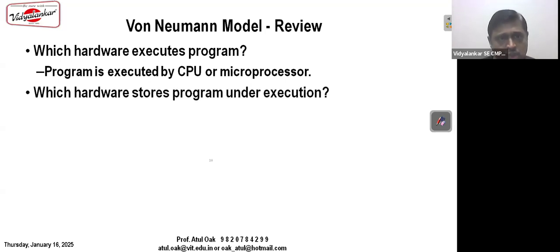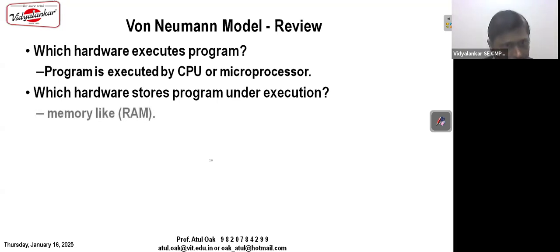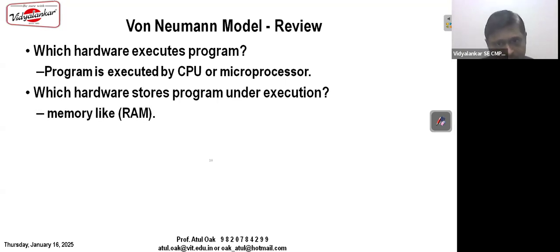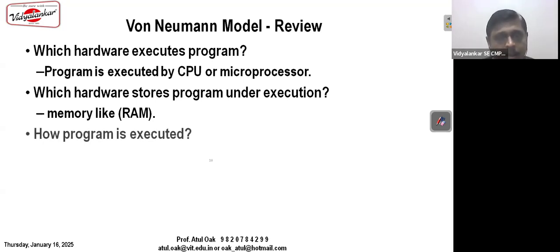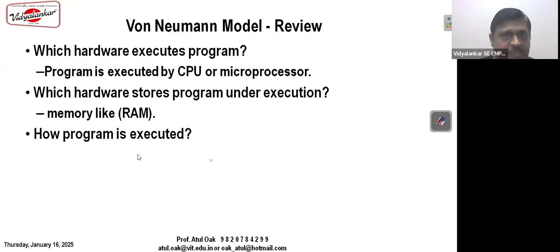You know which hardware stores the program under execution? It's RAM. This we have already discussed. And now the question comes, how is my program executed? How exactly does my program run? What is the technique to execute the program?